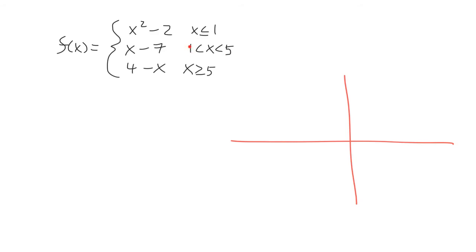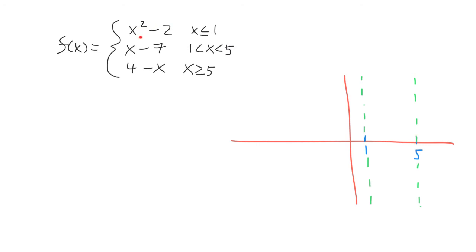So 1 is already a critical value, but 5 is a critical value as well. So what I like to do is take note of these critical values. And on my scrap paper, and you on your test pamphlets, if you want to, you could draw these vertical dotted lines, because they are where the graph changes, okay?